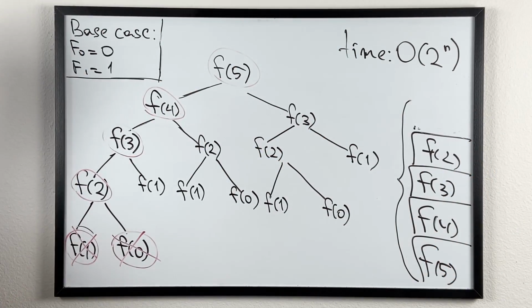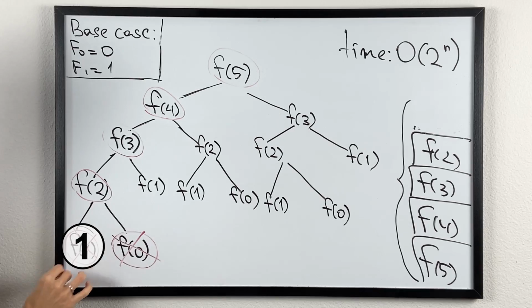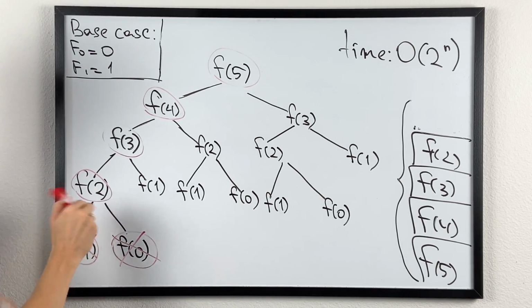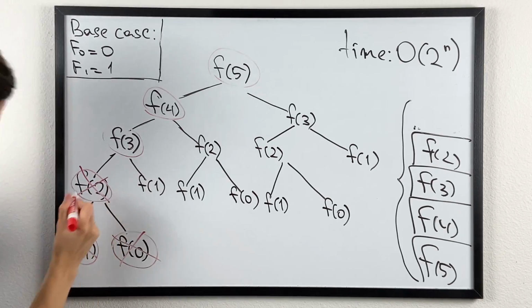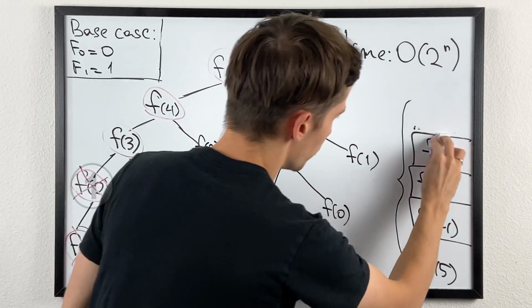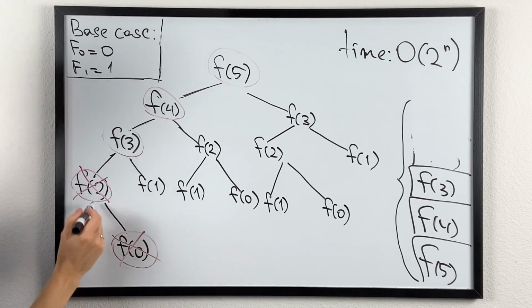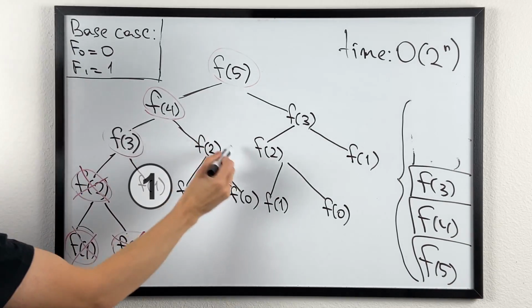Now we know the value of function f of 1, and we know the value of function f of 0, so function f of 2 will return the value, and it will be taken off the memory stack. And our computation goes on in the same manner.